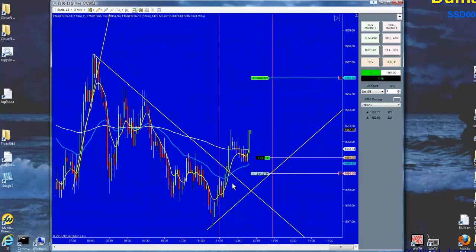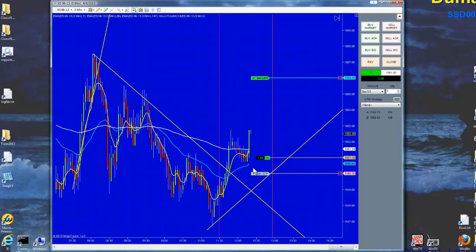Okay, so here was my MoonTide. Here was my crossing. I waited patiently, tried to get a good entry, and I got an entry above the exponential moving average. So now I got a bit more motion here, so I now have a 1.5.